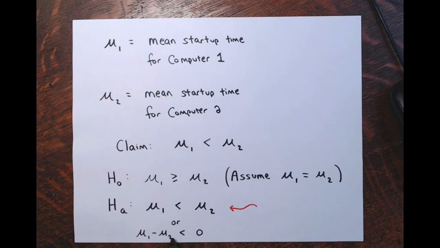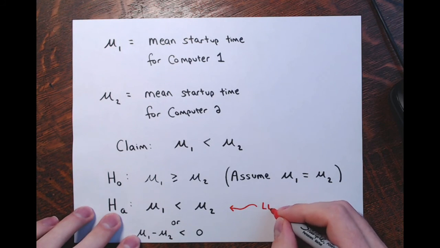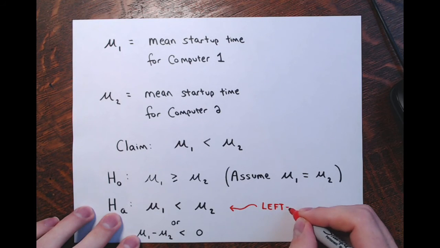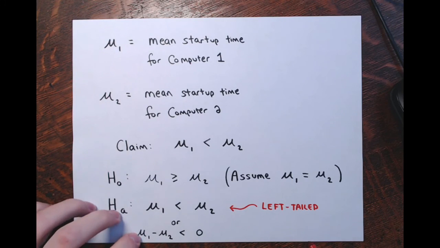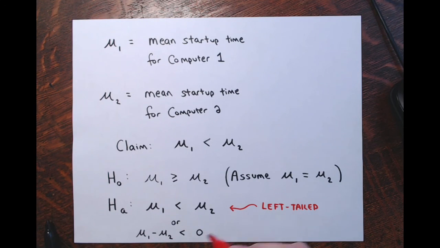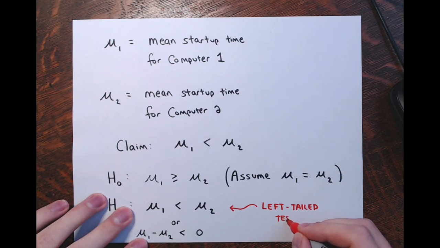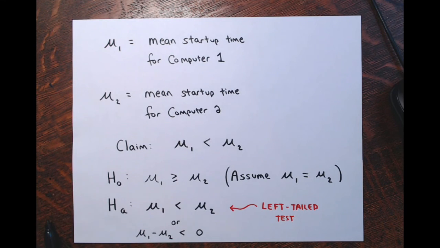Well, when you have a parameter less than a value, that is a left-tailed test. And if you recall from earlier hypothesis testing, what kind of test you have, left-tailed, right-tailed, or two-tailed, determines how you figure out the critical values, whether there are one or two, or how you would calculate the p-value.